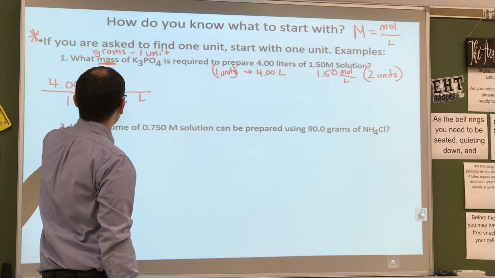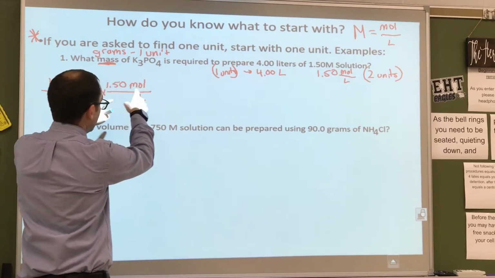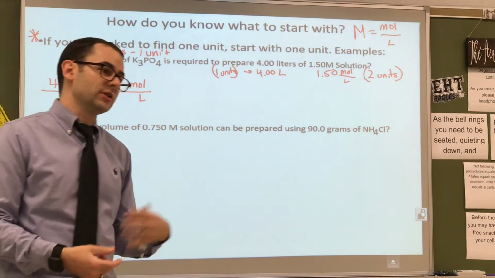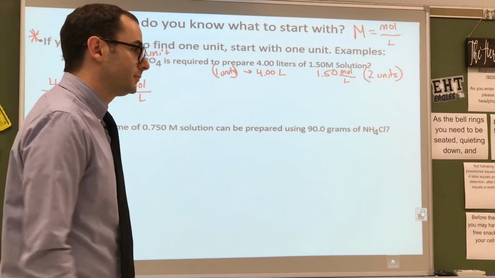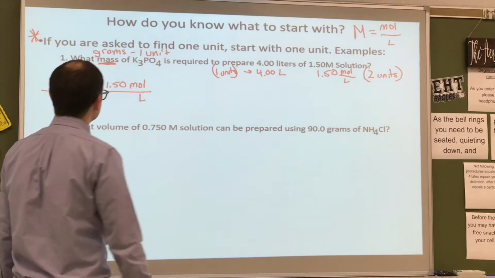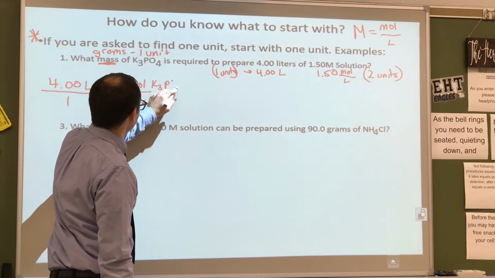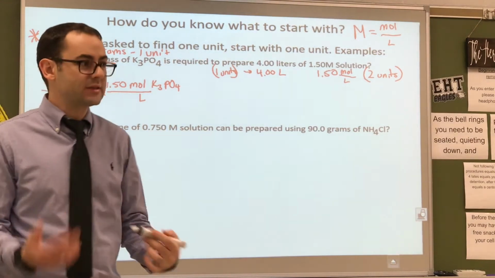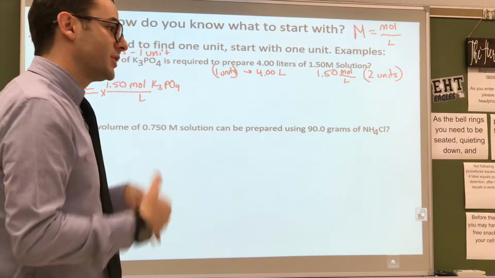So the 1.5 is on top. Moles. All right, 1.5 moles of, we need to figure out the units for this. Usually the units are the easy part. But what do you think it's moles of? Exactly. Good guess. K3PO4. All right, where did I get that from? Well, that's the solute in this problem, right? So it's always the solute over the solvent.